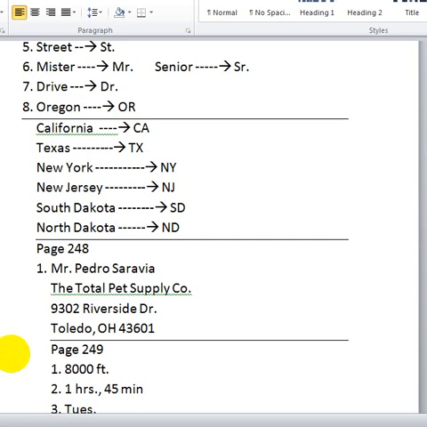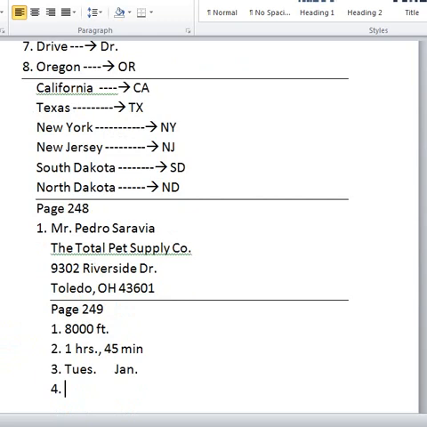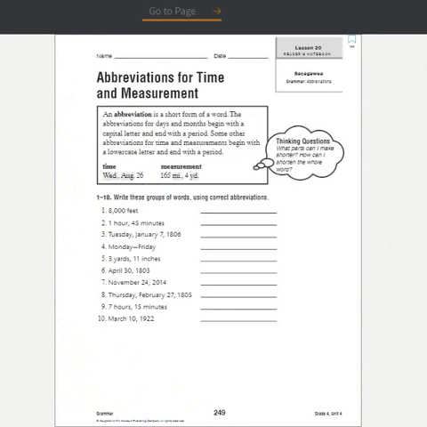And then we got January, it's going to be Jan, period. Okay? Great job. So, I'll let you do from 5 to 10 on your own. Look up the abbreviations for each word and write them down over here on the lines, and we'll correct them next week, in your next grammar session.